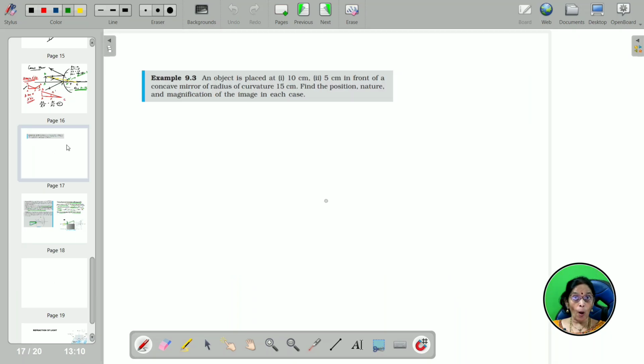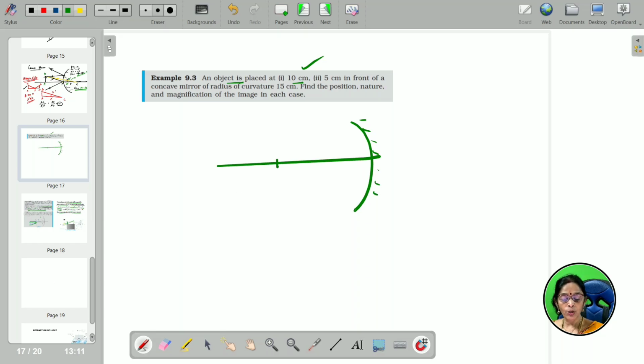Let us see one problem based on the concave mirror. An object is placed at 10 centimeter in front of a concave mirror of radius of curvature 15 centimeter.